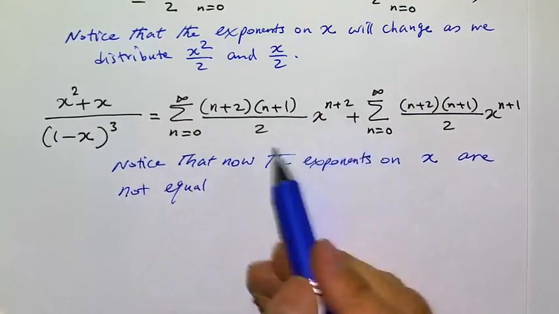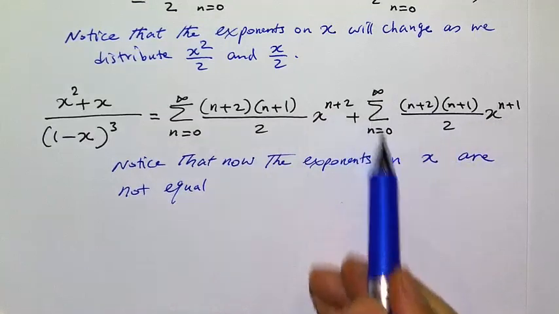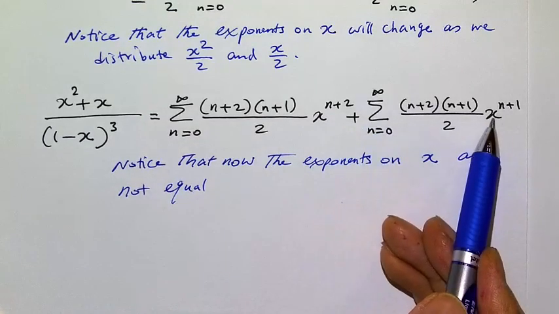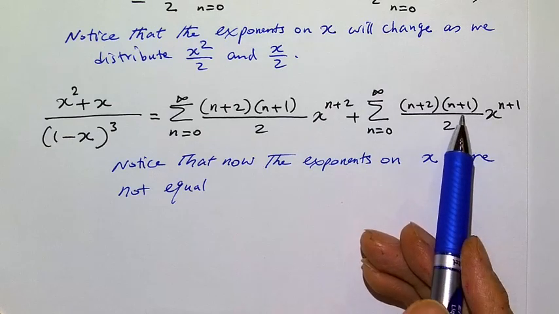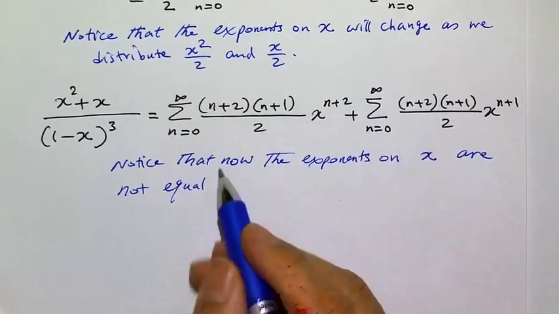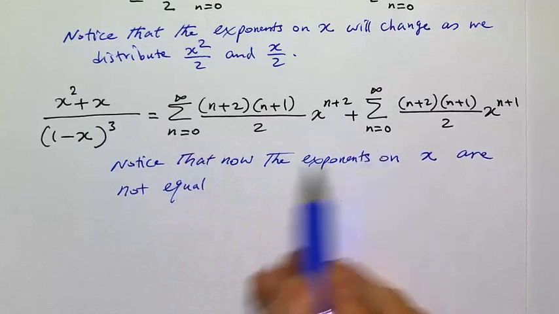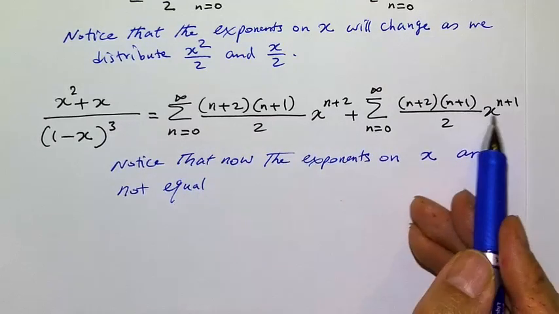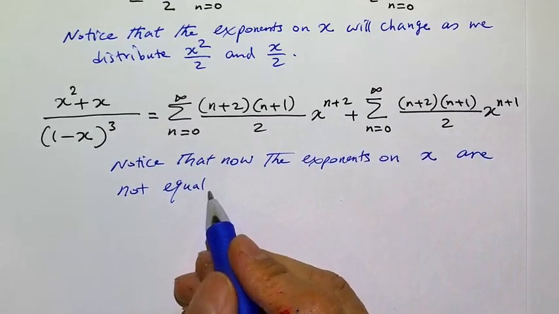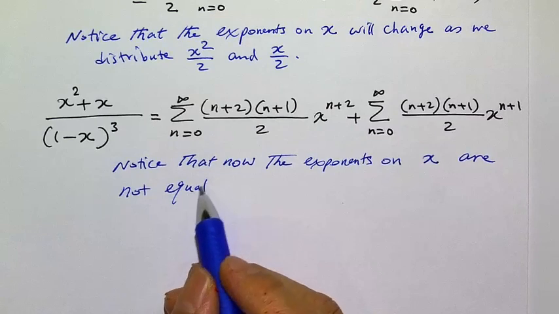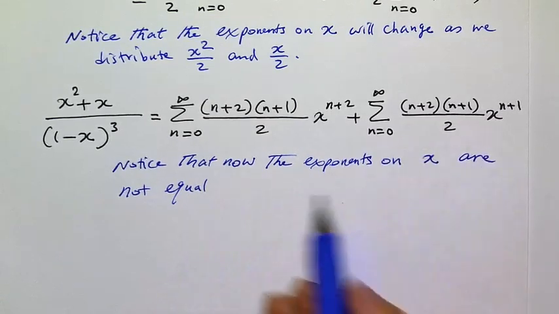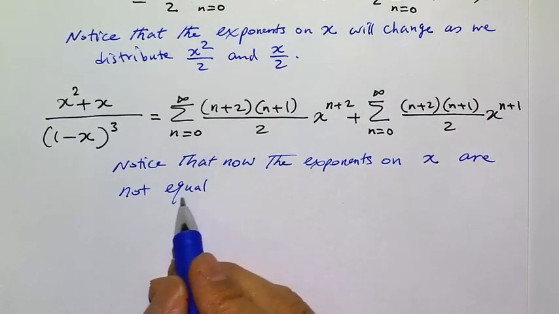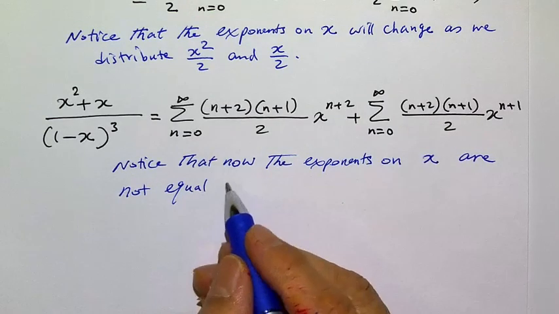If we want to simplify our series, we want to keep the indices the same, and if the x terms have equal power, it would help us simplify the expression. So I think it's better to make those powers equal. So right now they're not.